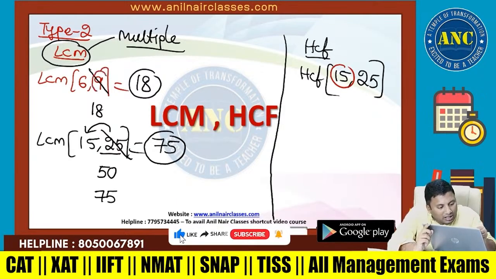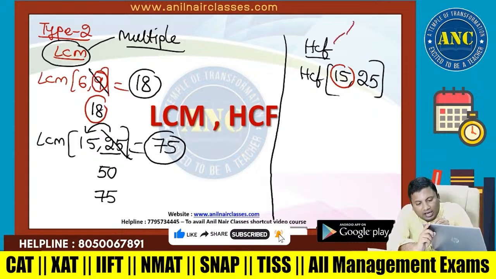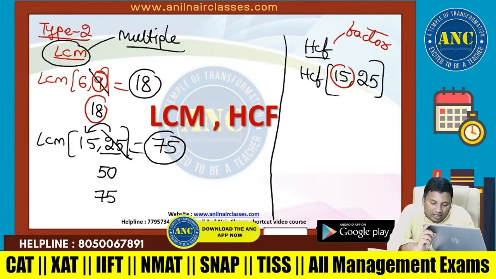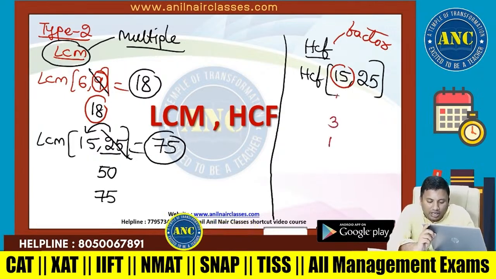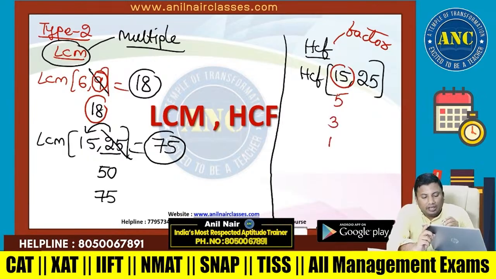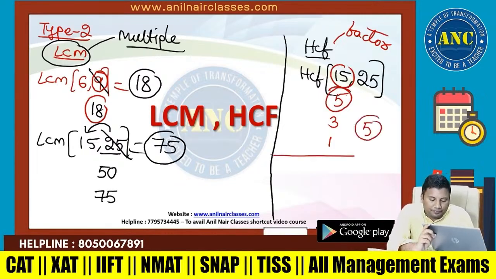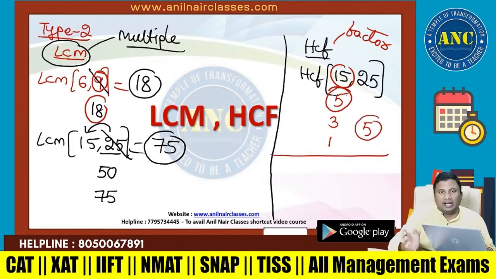Because HCF comes from factors, take the factors of 15. What are the factors of 15? 1, 3, 5, 15. Take the highest factor, 5. Is 5 a factor of 25? Yes. The answer is 5. I hope the idea is clear.